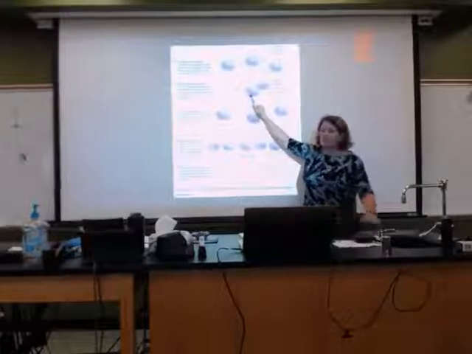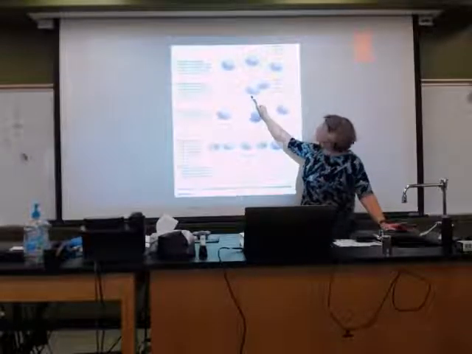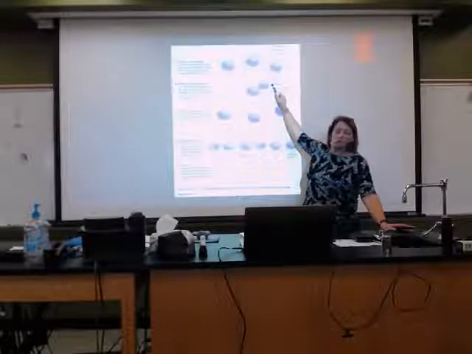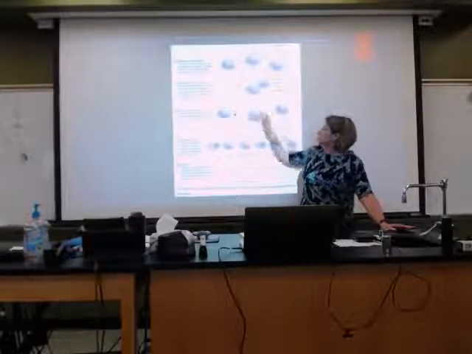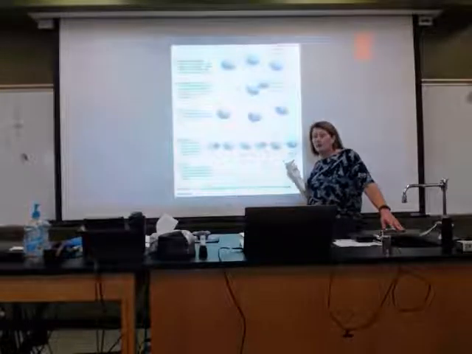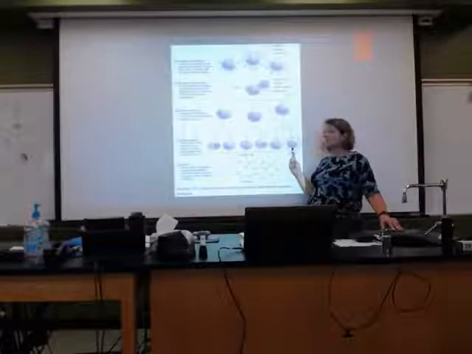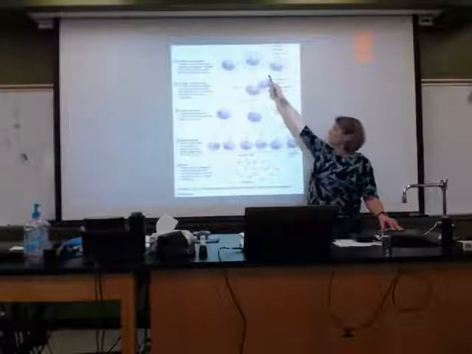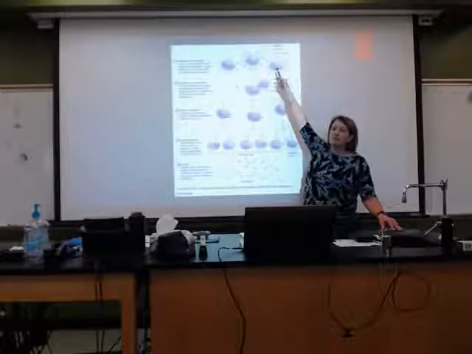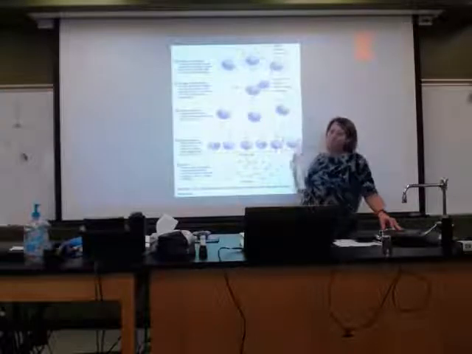For this B cell to duplicate, I need a helper T cell to come along and help it. And when it duplicates, some of it needs to go to memory, meaning that this B cell is going to already have receptors on it, so anytime we get exposed to that antigen again, it'll pick it up.